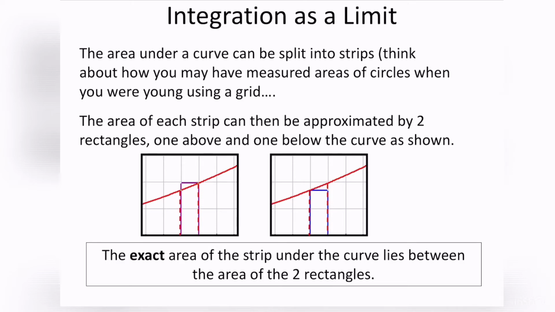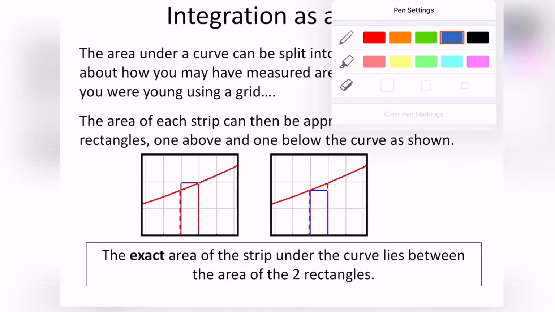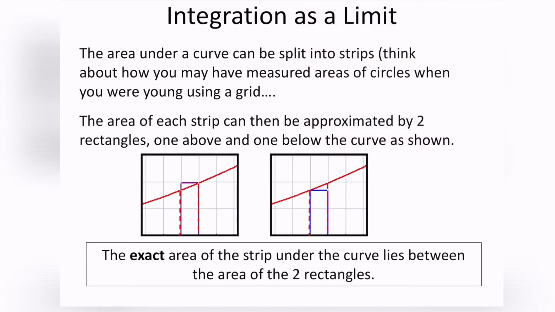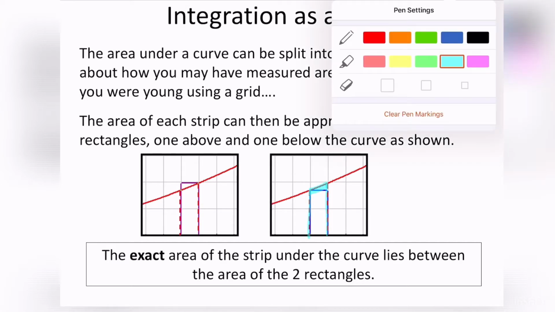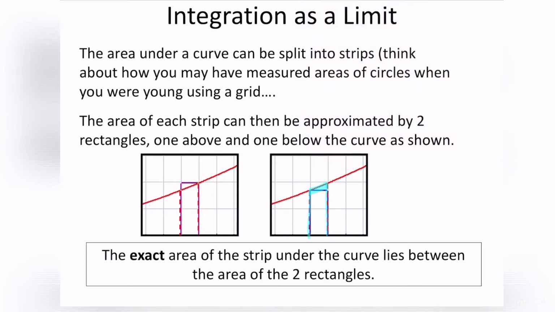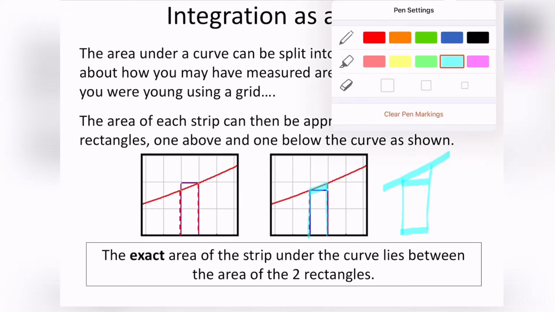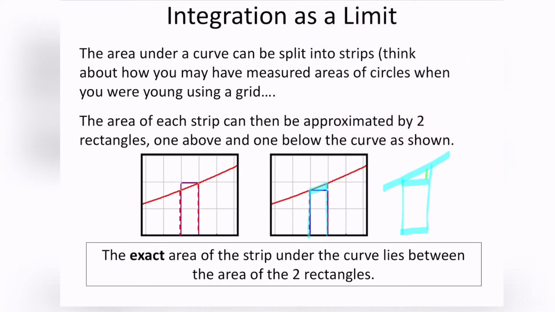So the actual shape we will need is basically this, which is under the curve, without losing this bit. If this is the curve and this is the strip, and we take it as a rectangle, we will lose this bit from it.